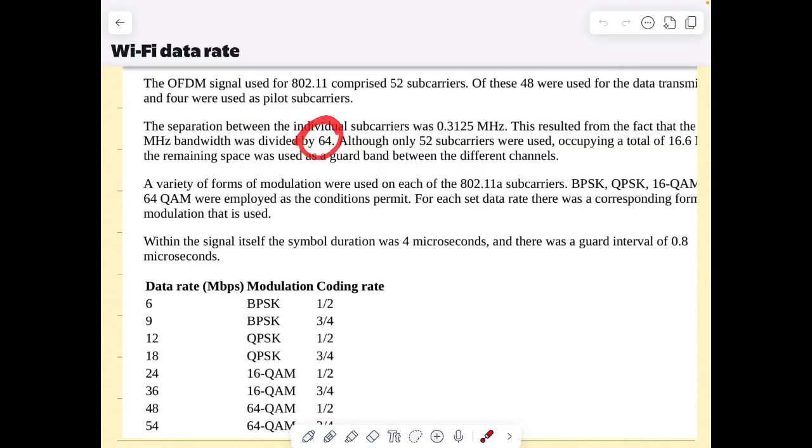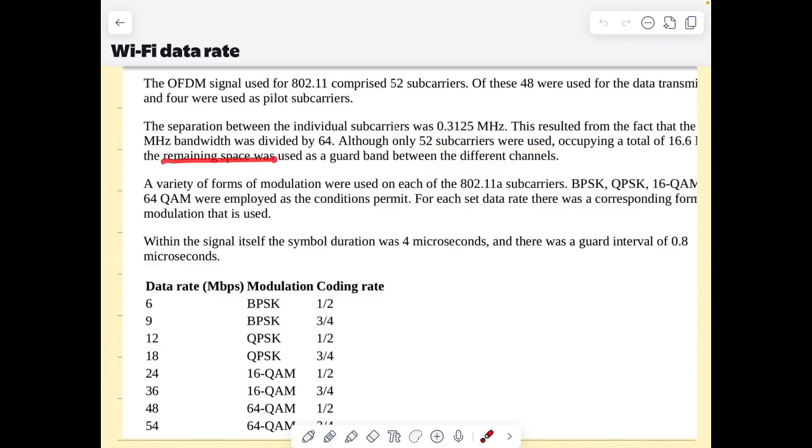64 subcarriers, right? Each subcarrier has a spacing, or bandwidth, of 312.5 kilohertz. But out of the 64 subcarriers, only 52 are used, with a total bandwidth of 16.6 megahertz.